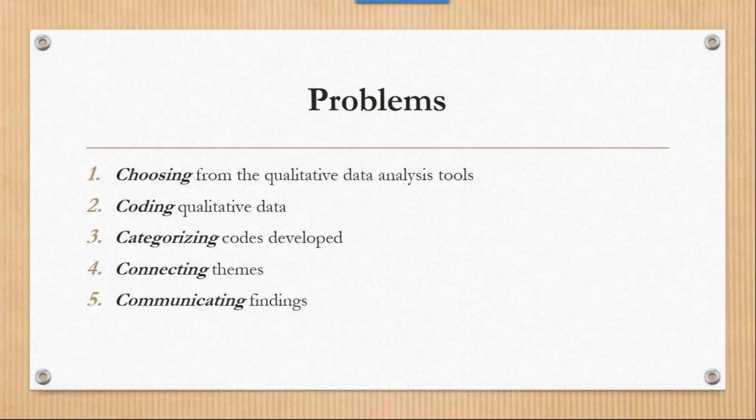How do you go about categorizing all these codes? And the next one is connecting. How do you connect the themes that you have developed to maybe come up with a theory to explain a phenomenon? And lastly, how do you communicate your findings? What is the format of communicating qualitative findings?